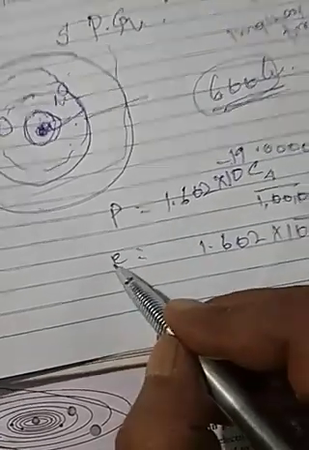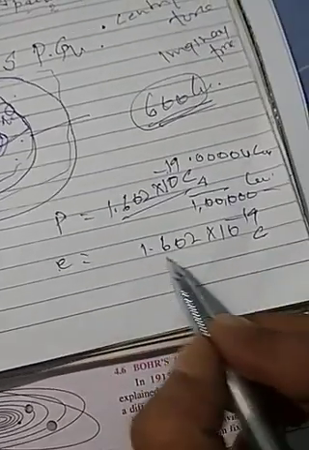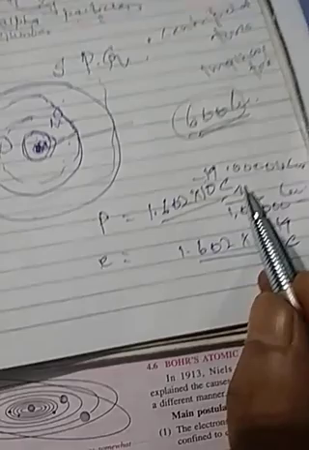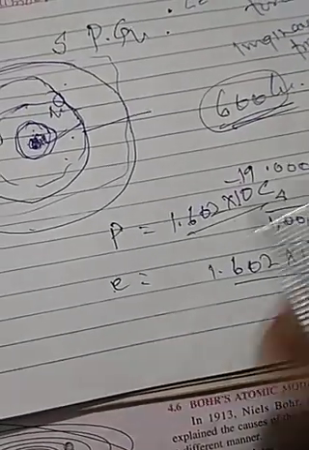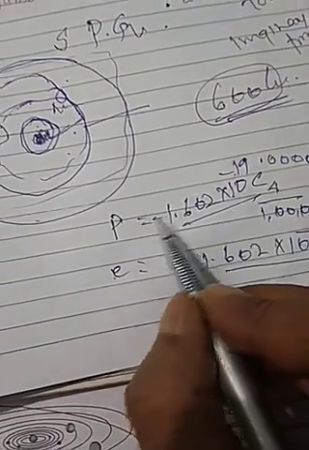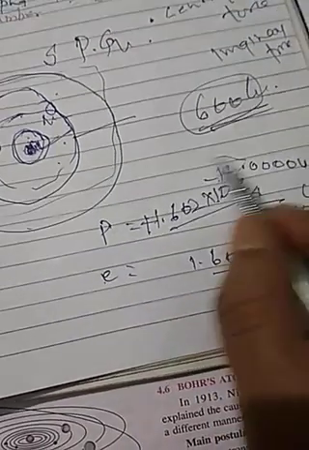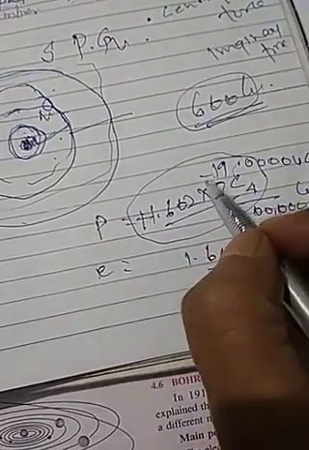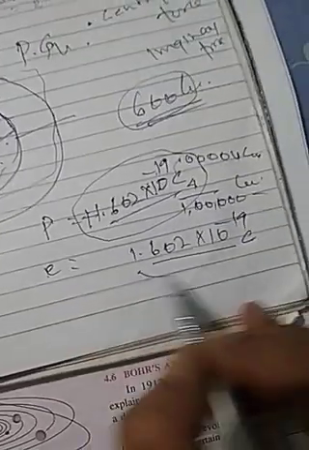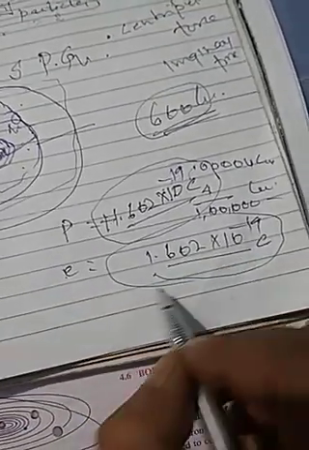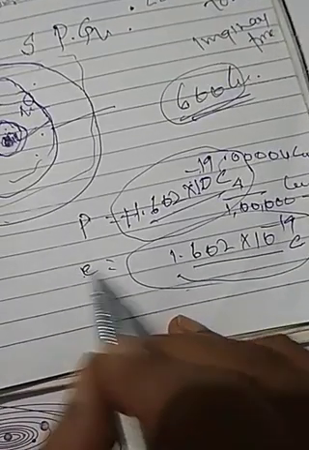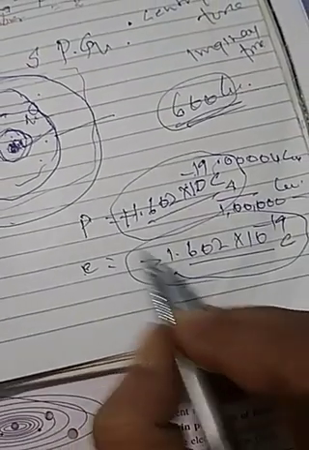Both have the same charge. What is the basic difference? A proton carries positive charge, called one unit charge, but an electron carries negative charge.